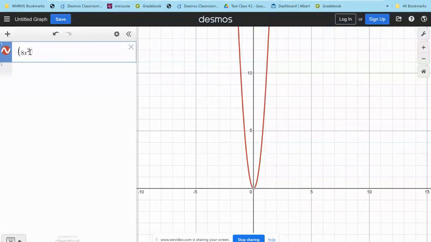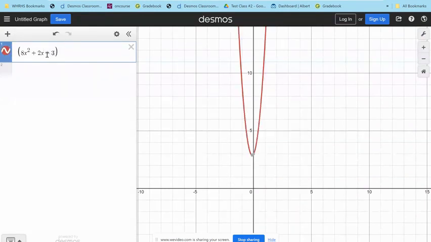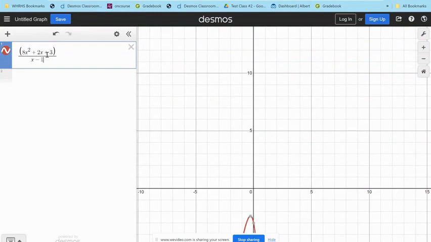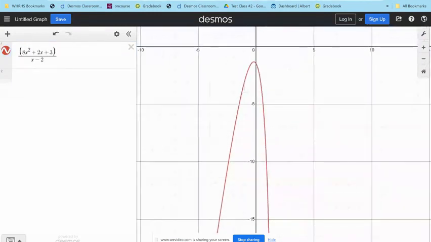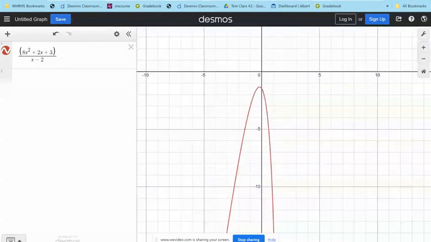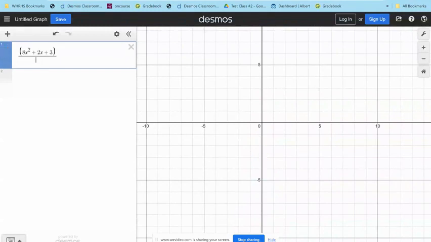When I graph it, I use the original just to show you. 4x squared minus 4x.